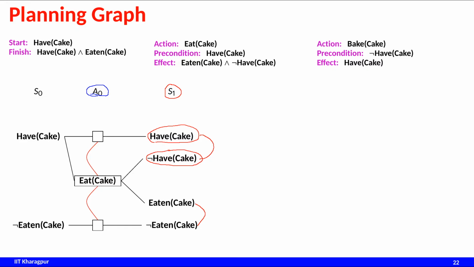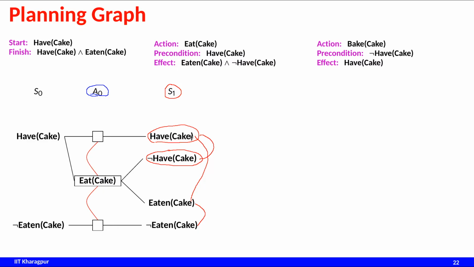Now let us see what the situation is for have cake and eaten cake. If you look at these two literals, since they are different literals, it may appear that we cannot say anything about mutex, and probably they are not mutex.